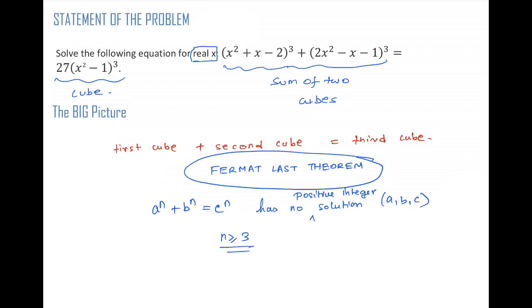Of course, the proof of this theorem is incredibly difficult, and in its full generality it is quite beyond the scope of our elementary number theory discussions. For n equals 3, however, the proof can be discussed.